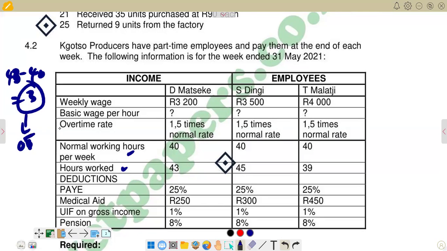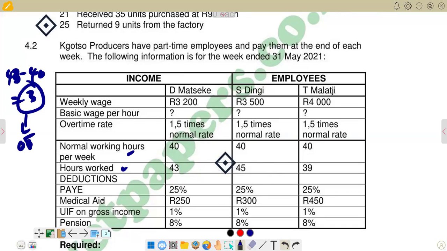We do the same for SD, where hours worked is 45, so we have an extra 5 hours representing overtime. Then under T Malaji, the number of hours worked is less than the normal hours, which means there's no overtime. We have 0 overtime because the hours worked are less than normal.